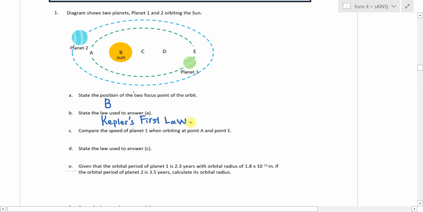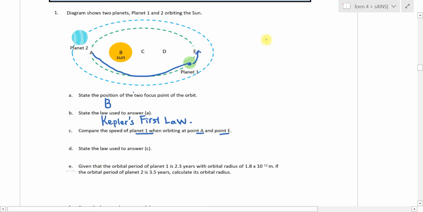Next, compare the speed of planet 1 when orbiting at point A and E. Planet 1 sekarang dekat sini. Dari planet 1 dia kena pergi ke point A, jauh macam ni, and we compare it with the point E like this.